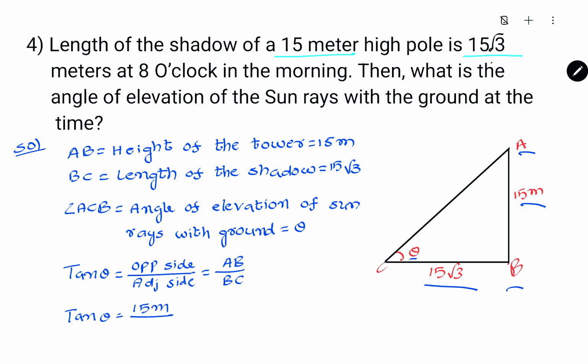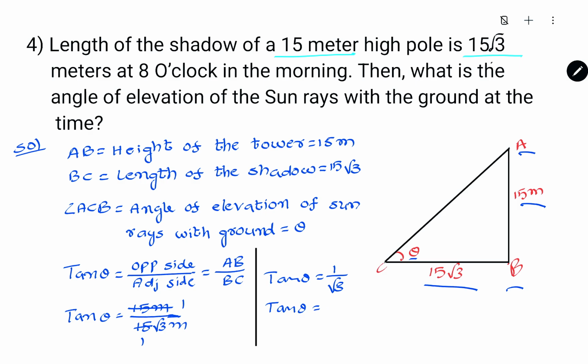And adjacent side is 15 root 3 meters. 15 ones are 15, 15 ones are 15. Remaining is tan theta equal to 1 by root 3.